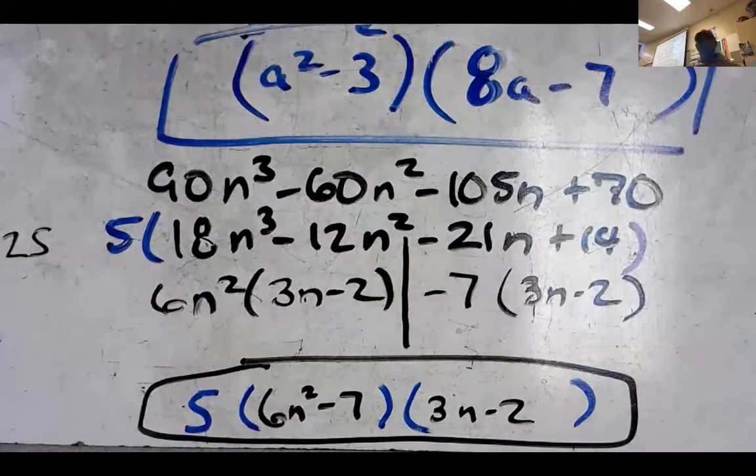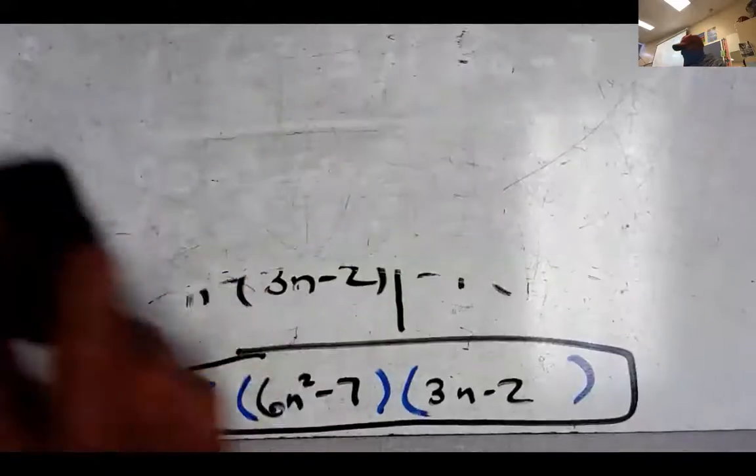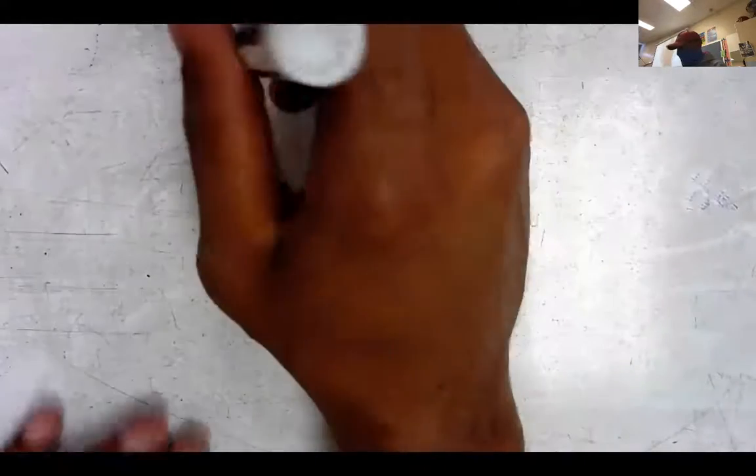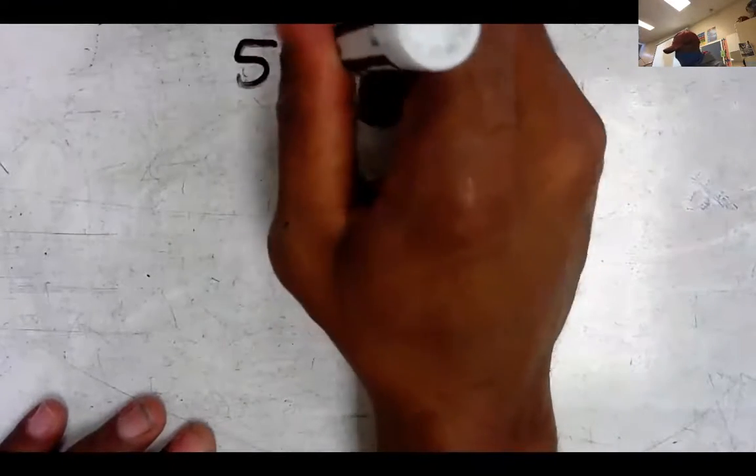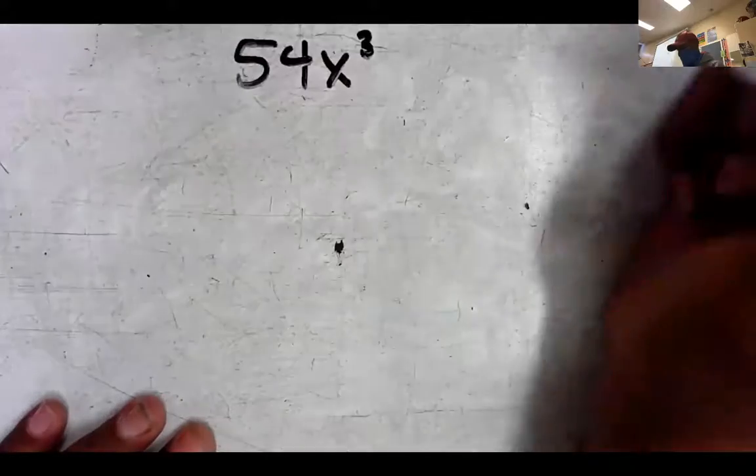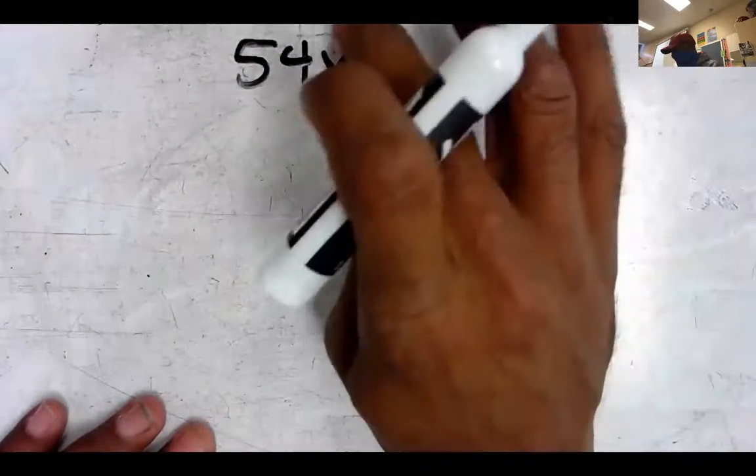All right, so I'll pause this for a second. Okay, so now, bring this down just a little bit. Okay, so now I'm going to start with 54x cubed plus, actually, you know what?